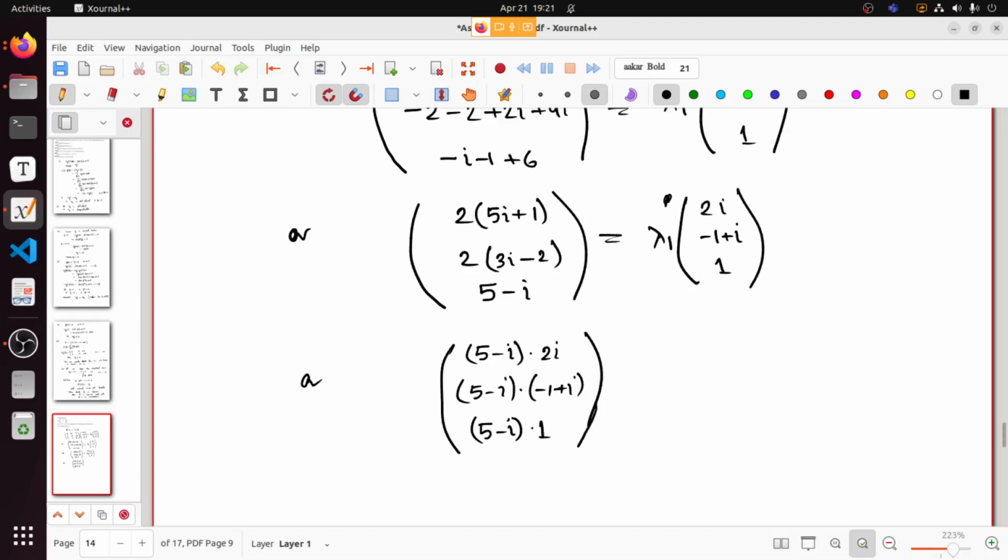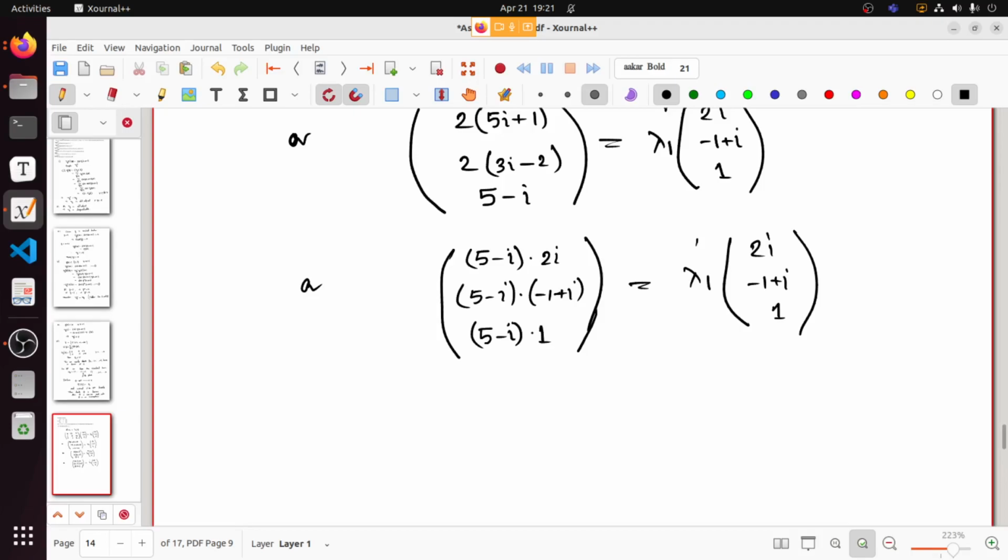Because this should be the eigenvector 2i, minus 1 plus i, and 1, and this should be the eigenvalue. Let's check whether what we wrote is correct or not. If you compute that, you can check that this is correct.